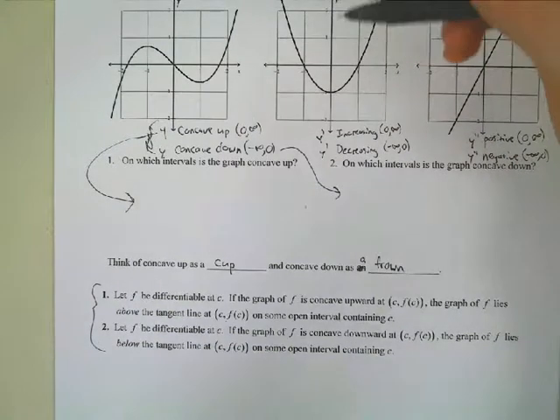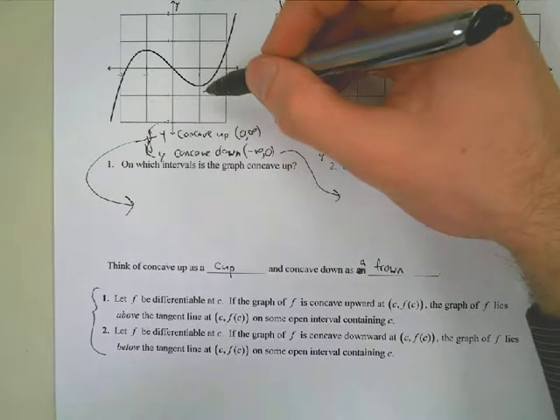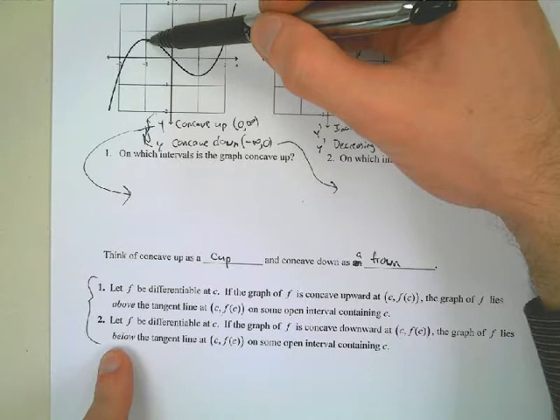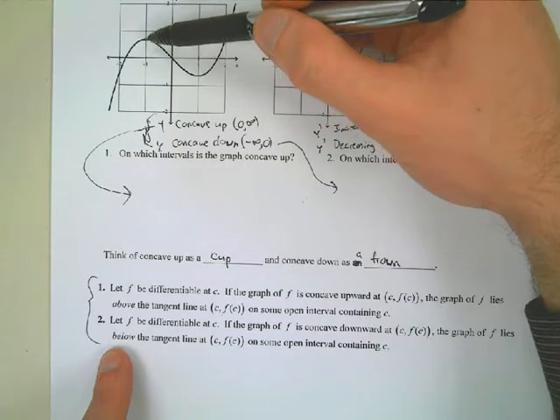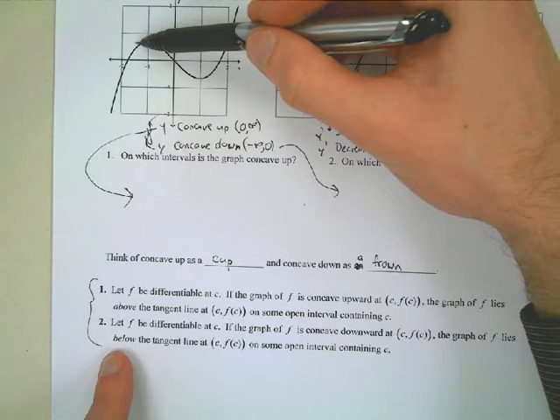Number 2, concave down, so here's concave down at -1. F is below the tangent line. If I drew my tangent line right there, the function is below it, or the tangent line is above it. That's the mathematical way to indicate that.